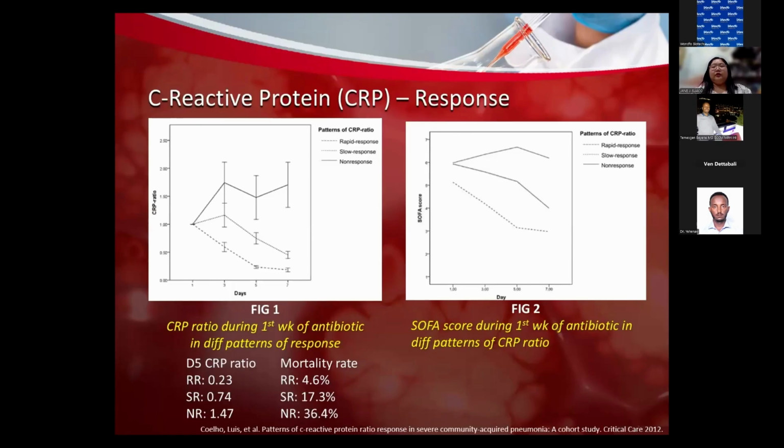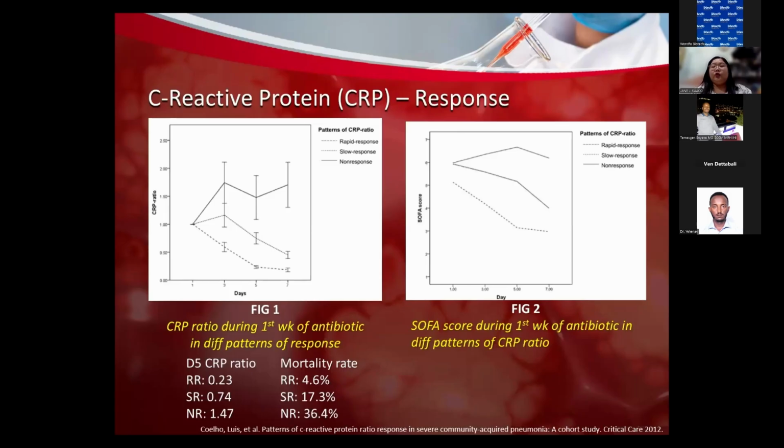The clinical course during antibiotic therapy was also monitored with SOFA score, and likewise, the non-responders showed a poorer outcome. These findings show that with resolution of infection, the concentration of CRP decreases at a rate that is dependent on its half-life.